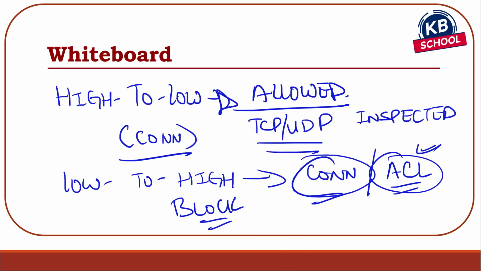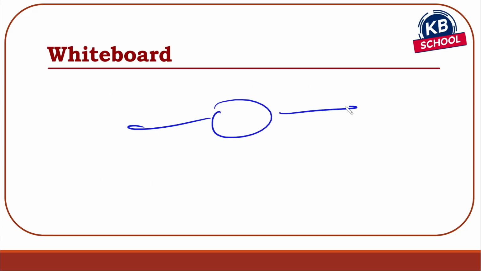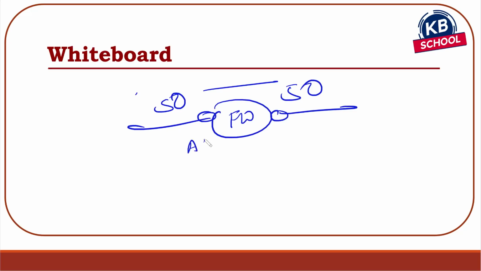Now, what happens if you have two interfaces with the same security level? Let's say I put this as 50 and put this as 50. This is my firewall. If you have two interfaces that are the same security level, by default, the behavior is, I don't want these two interfaces to talk to each other at all. Even an ACL in that case will not help by default.